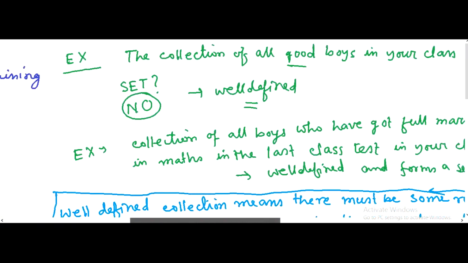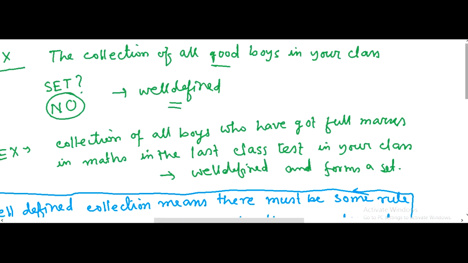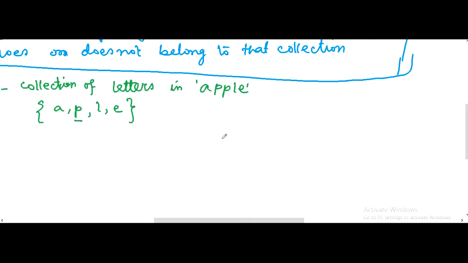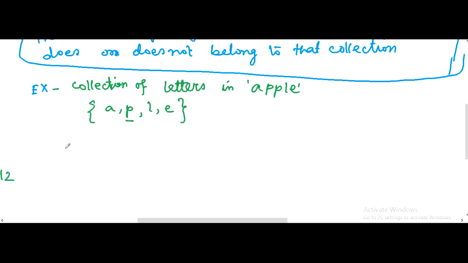So this set can also be represented as {P, A, L, E} or as {E, L, A, P}, etc. All of them represent the same set as the elements are independent of order.